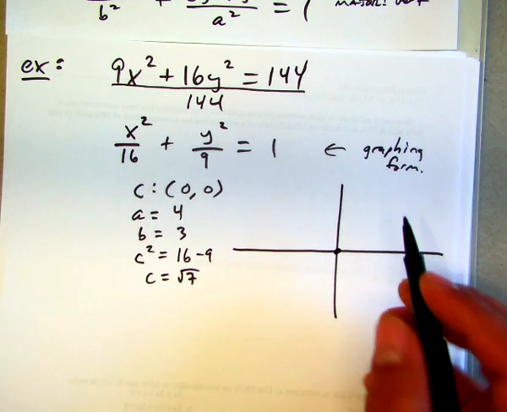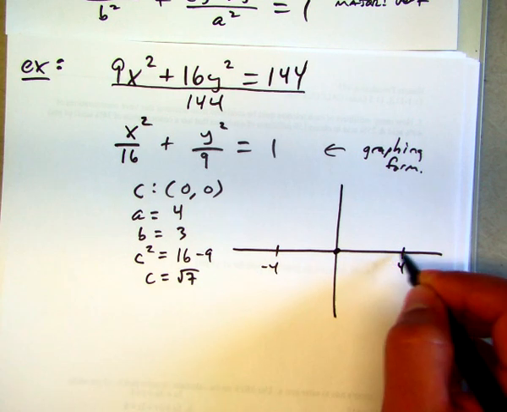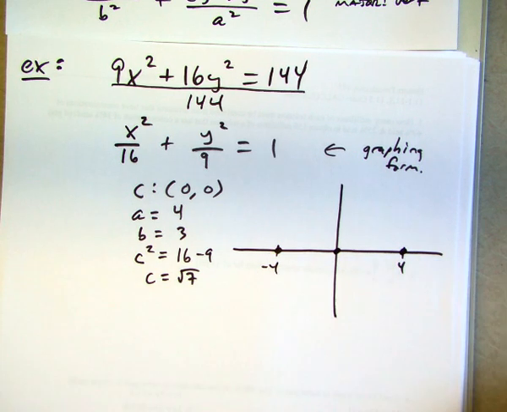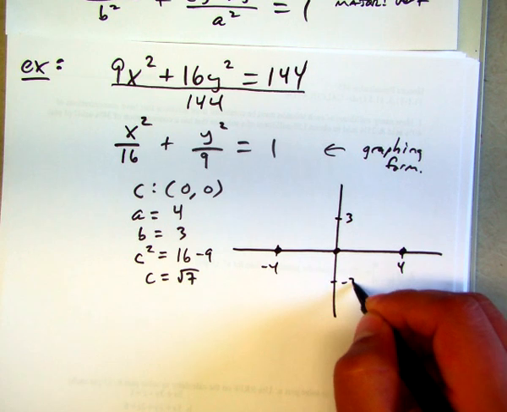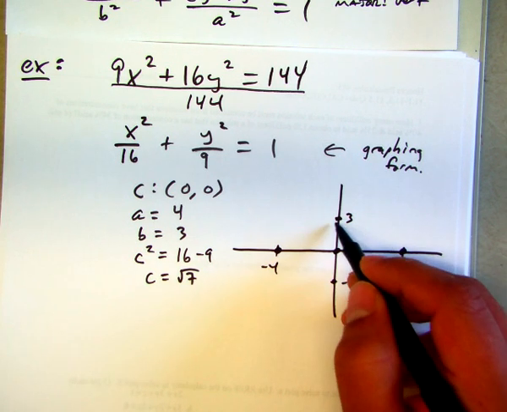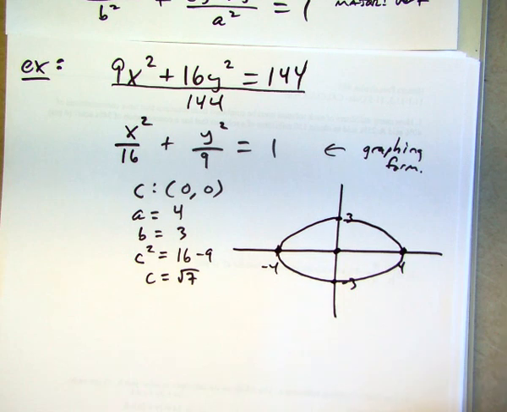So we're going to go 4 to the right, 4 to the left. And how far up and down am I going to go? 3. The bigger number, is that always going to be a? For an ellipse, yes.